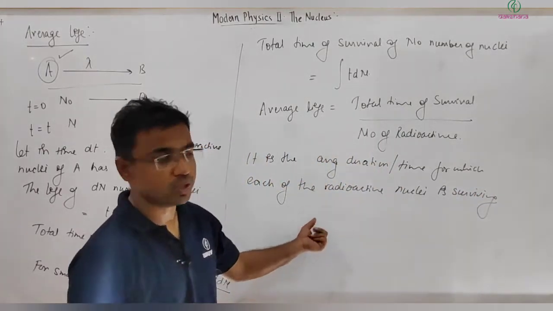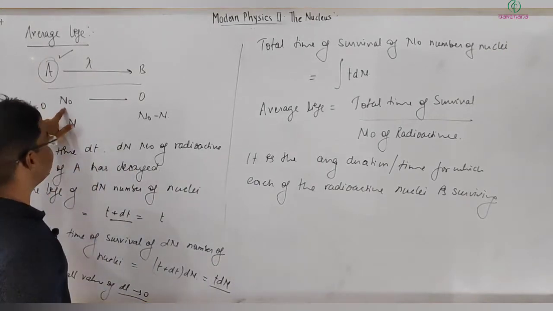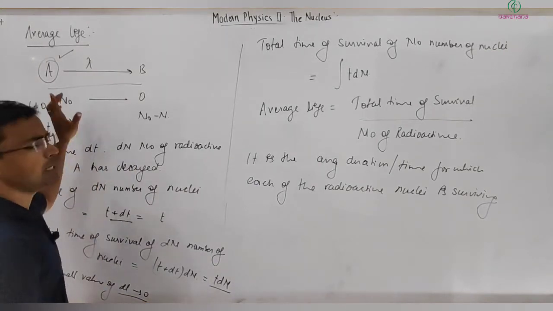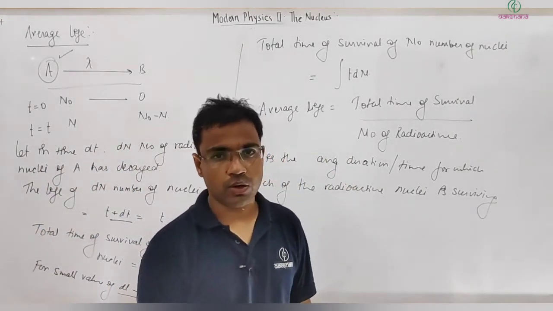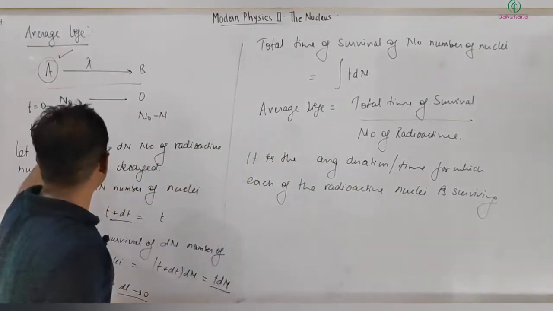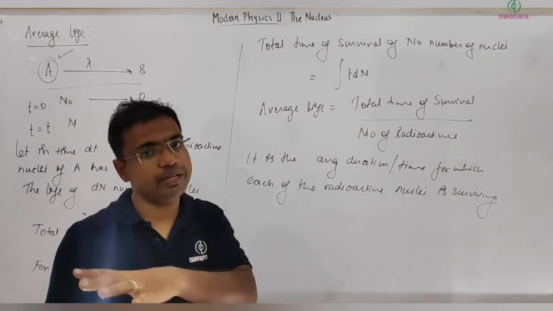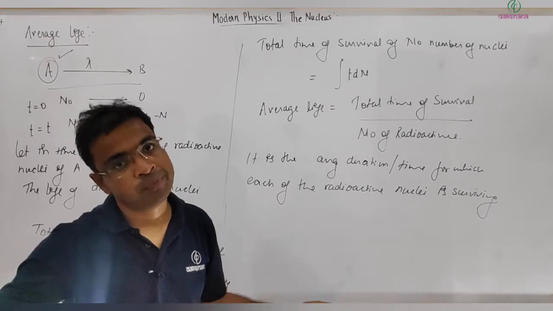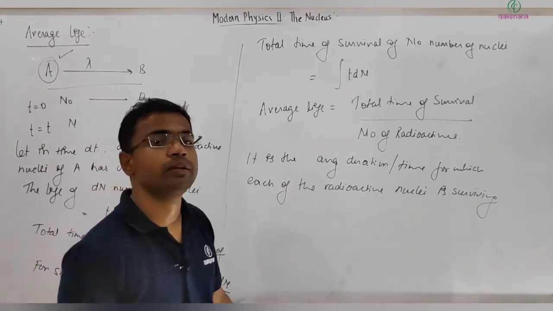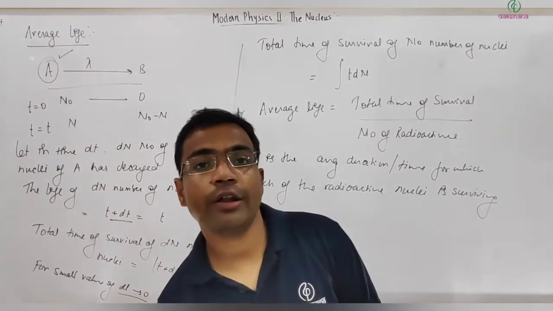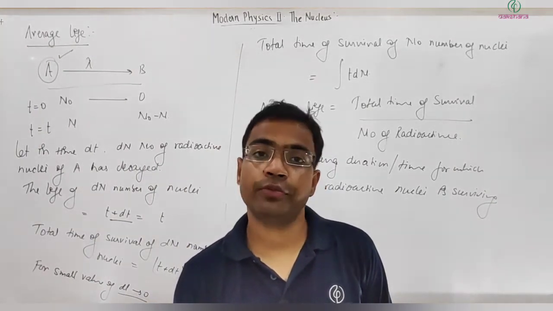Because if I say these radioactive nuclei, let's say finally by the time of 100 days all the nuclei are gone. So n naught multiplied by survival of each nuclei multiplied by time gives total time of survival, divided by n naught number of nuclei, then I will get around, let's say, 40 days. So on an average each nuclei is staying alive for 40 days.